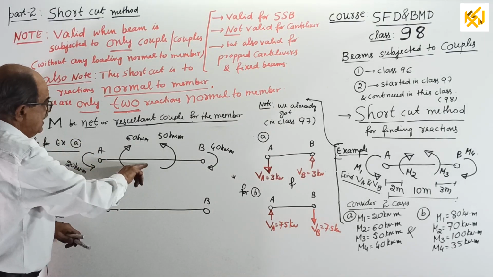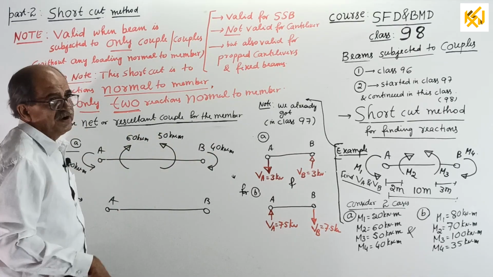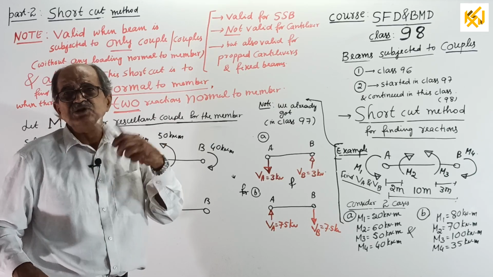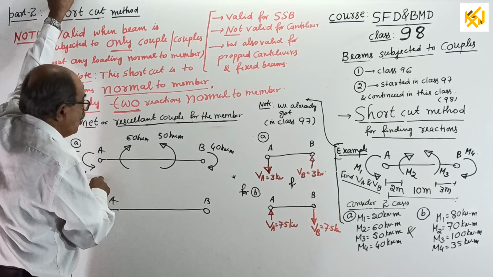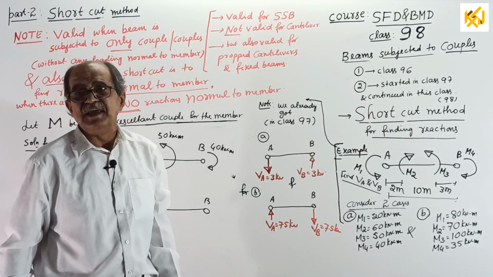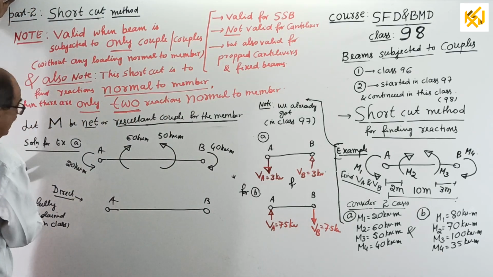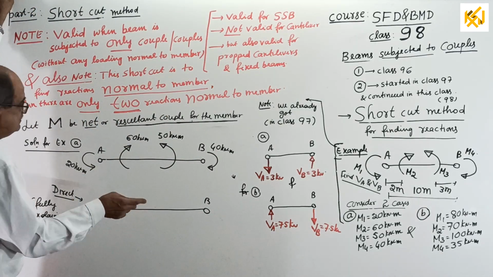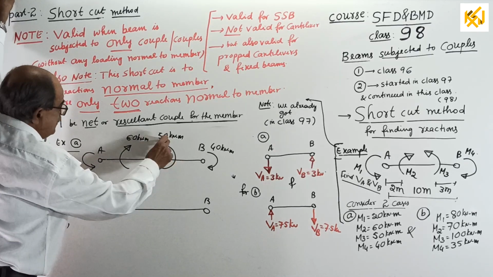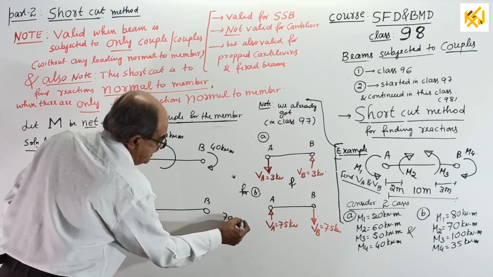Anti-clockwise 20, clockwise 60, anti-clockwise 50, clockwise 40, replaced by a net couple. Somebody on the road also will tell, if you tell him, don't say anti-clockwise, clockwise, you tell profit loss, like that. You are all engineers. So, see, first of all, I should not write anti-clockwise 20 and anti-clockwise 50 separately. These two are together anti-clockwise of 70.